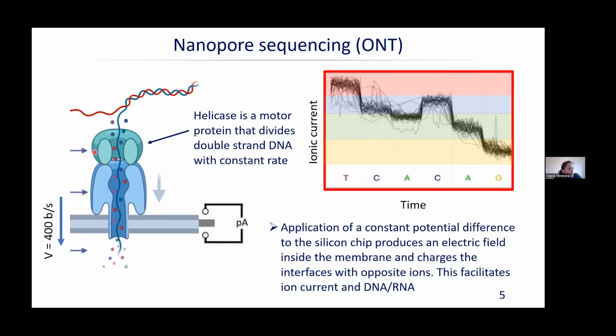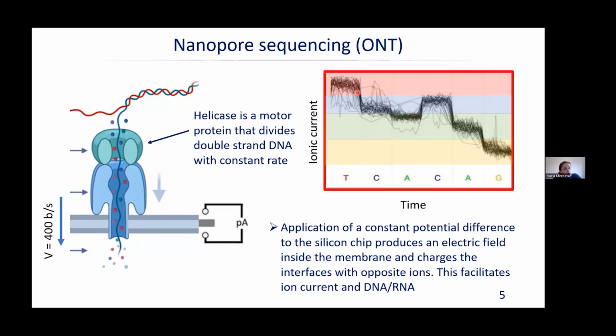Importantly, the motor protein that divides double-strand DNA into single-strand DNA works with constant velocity. Therefore, all these horizontal plateaus of the ionic current signal are of the same length.